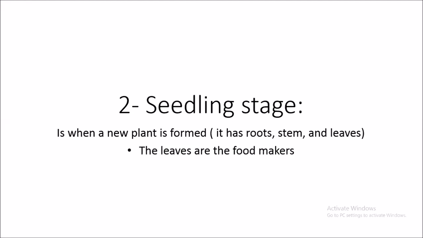The second stage in the plant's life cycle is the seedling stage. In this stage, the plant actually starts growing its stem. The roots are already complete, but it now has complete grown up roots, stem, and also leaves.